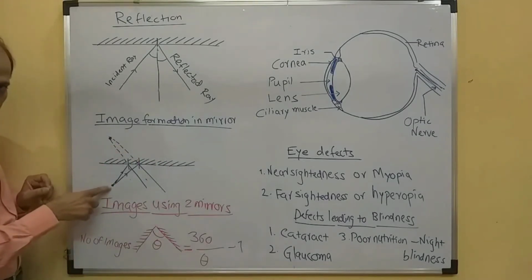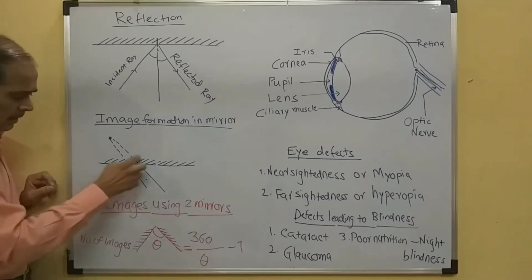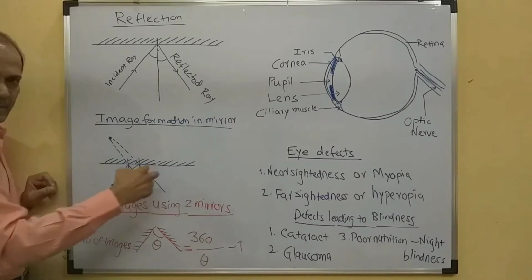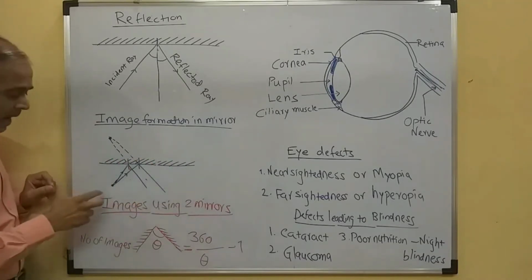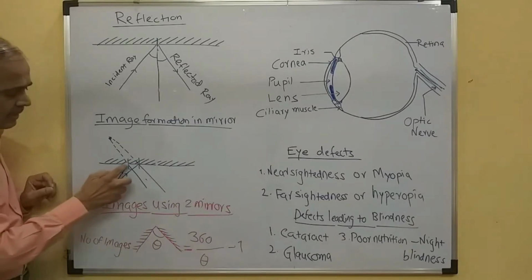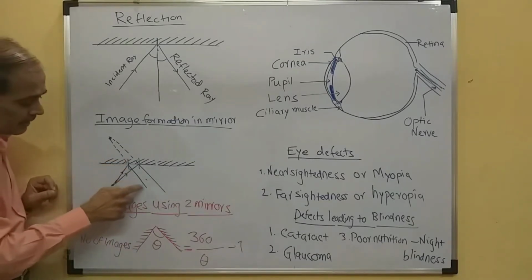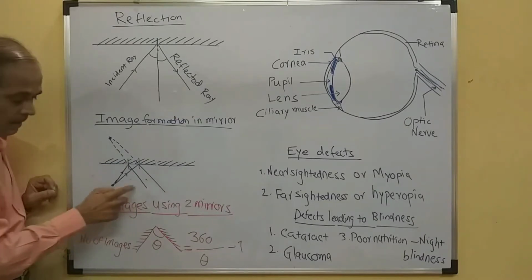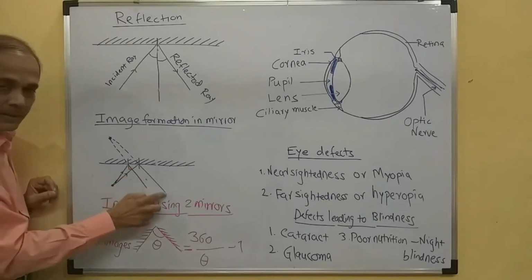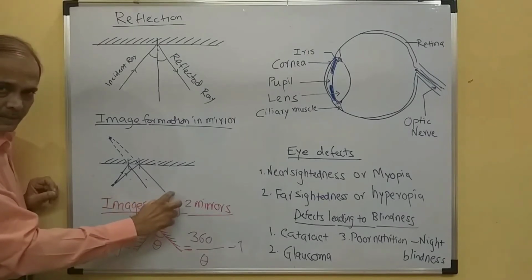Here is a dot. Being a diffuse kind of reflection from here, it will create thousands of rays hitting this surface. I am just choosing two rays, any two rays. This ray is hitting here. You know I have drawn a very small normal, and it is reflected here. Another ray hitting here, reflected here. You are seeing from this side. Your eye is here.